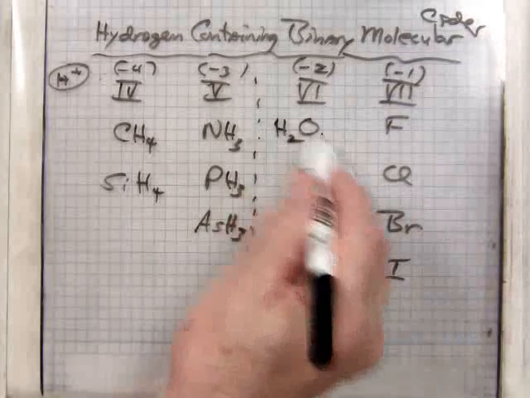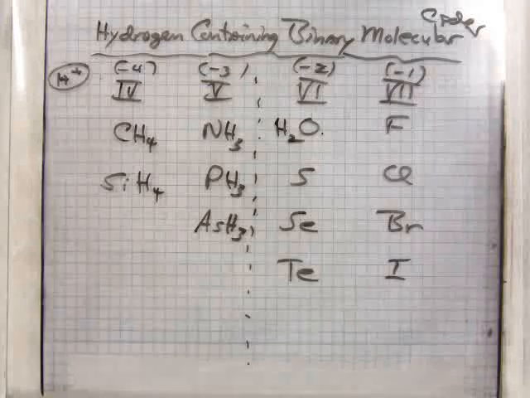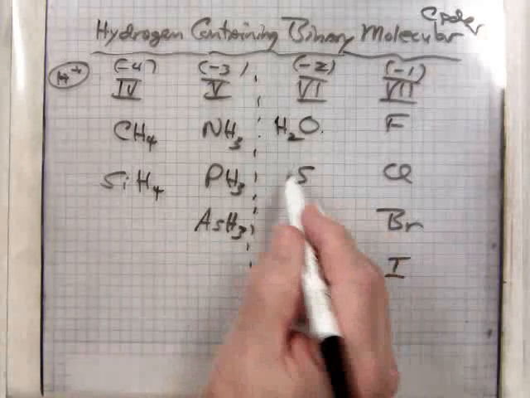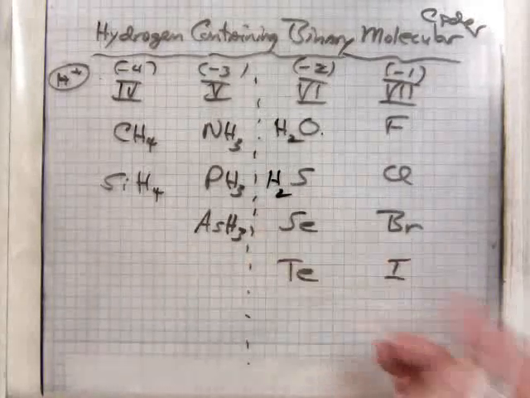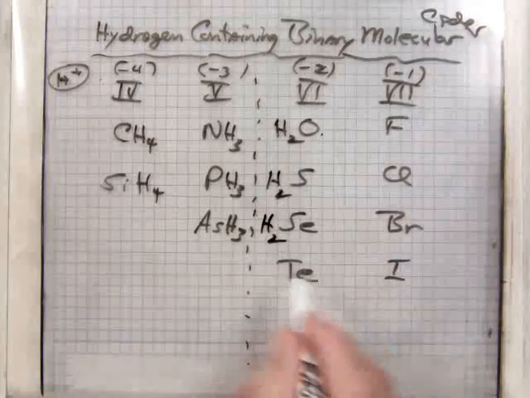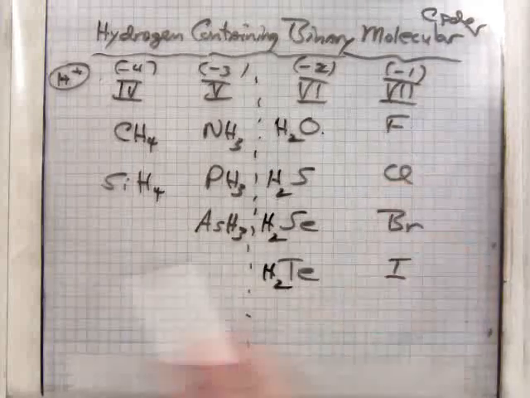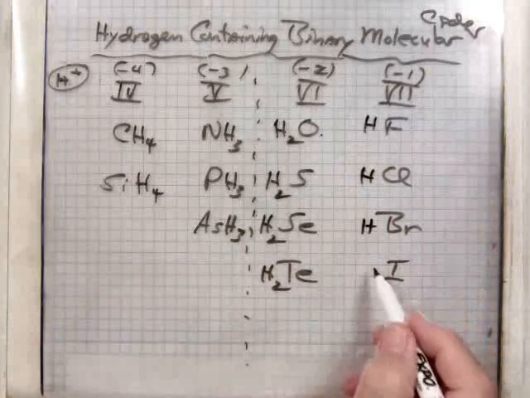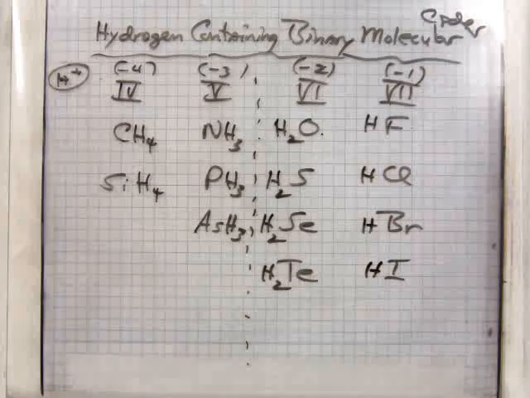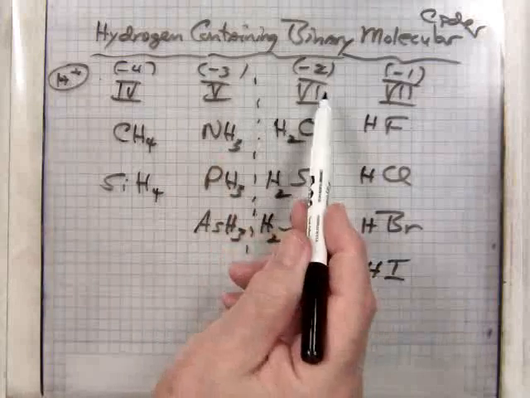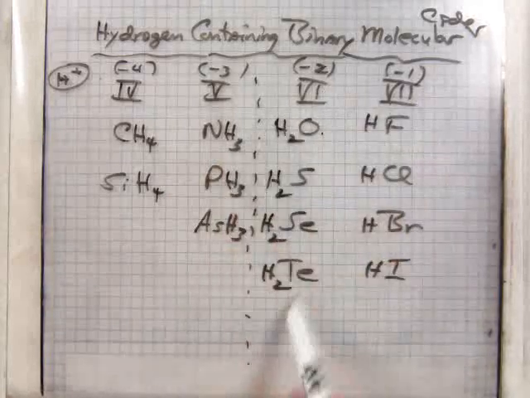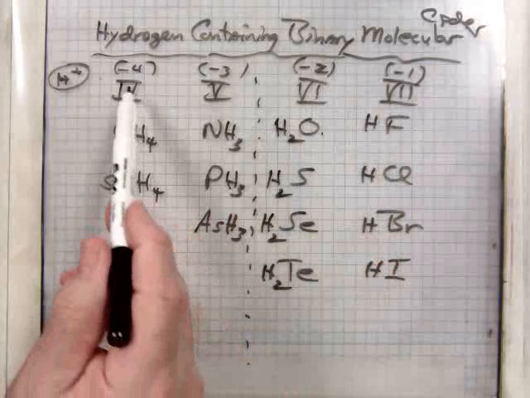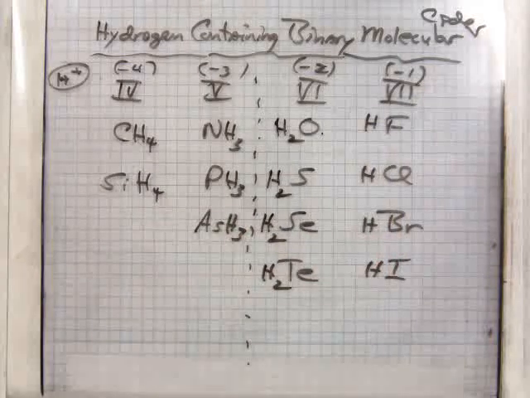That's kind of an interesting trivia point, but it is the common practice. Same way here is H2S, hydrogen sulfide, and so forth. And here the hydrogen goes on the left again. So it's just a little notation. Once you get into group 6 and group 7, hydrogen goes on the left, but when you start out with group 4 and 5, hydrogen is on the right of each one of them to neutralize the oxidation state of each element.